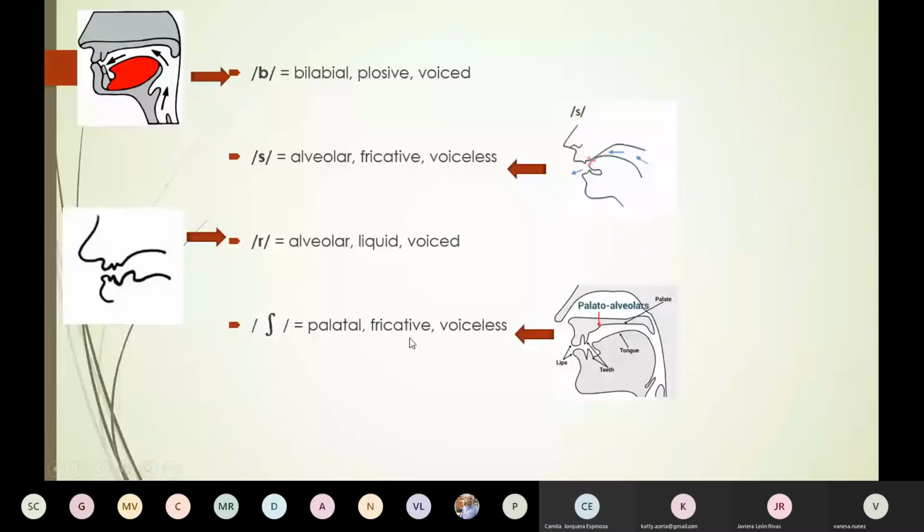Thank you. It is fricative too because the airflow is severely obstructed, and as I said before, there's some friction produced, and it is voiceless. And that's the end.